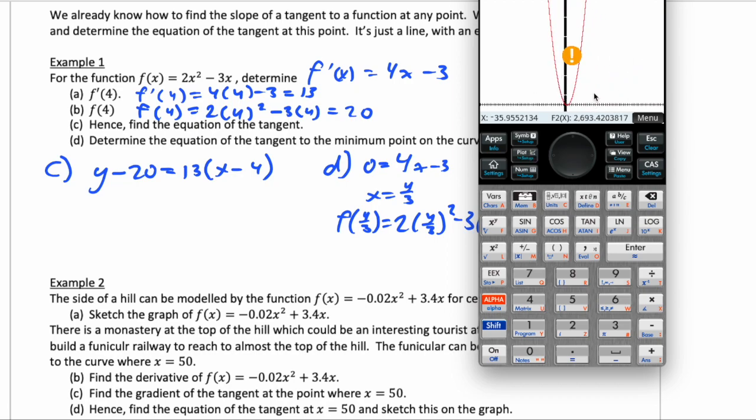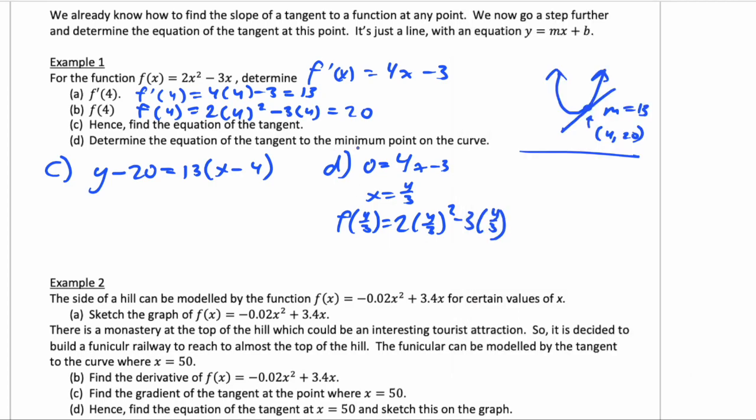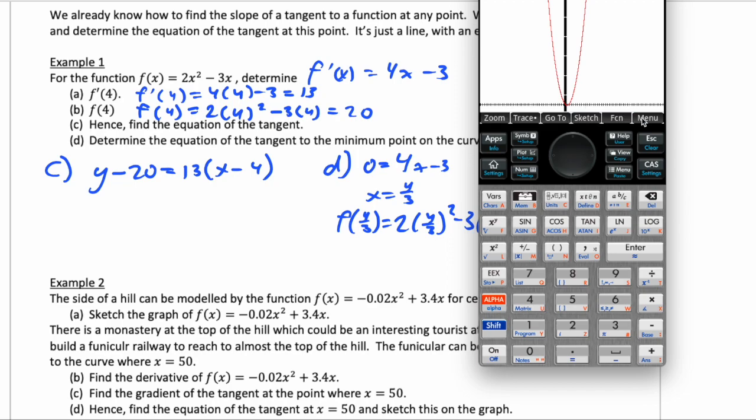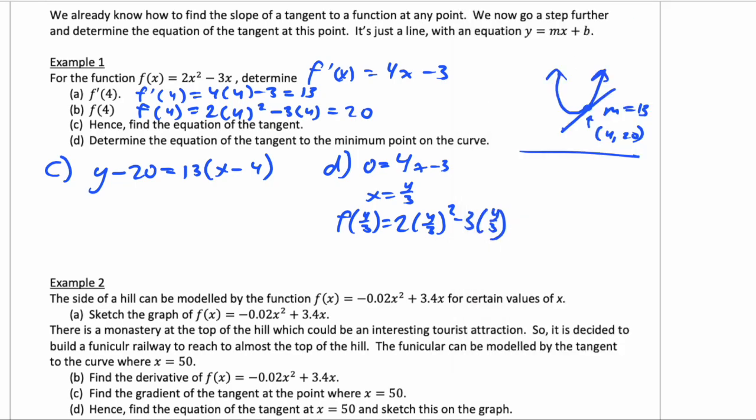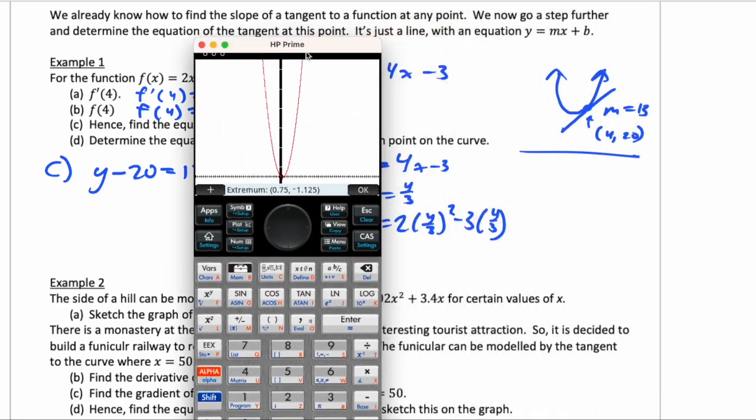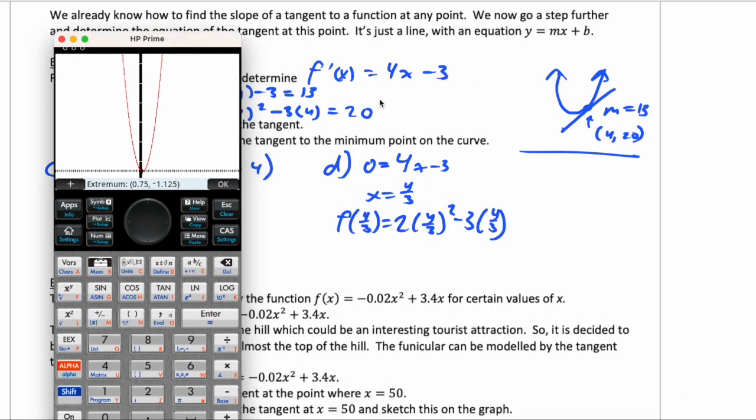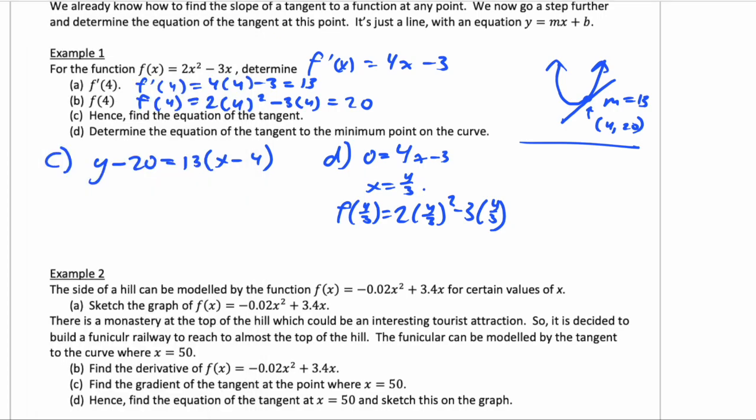So it is indeed a parabola, and to find the minimum point, we can just go to menu, function, extremum. That gives you 0.75, which we saw already. Actually, I think I made a mistake. That's 3/4. Well, thank goodness I used a calculator to double check. This is actually 3/4. I went the wrong way around.